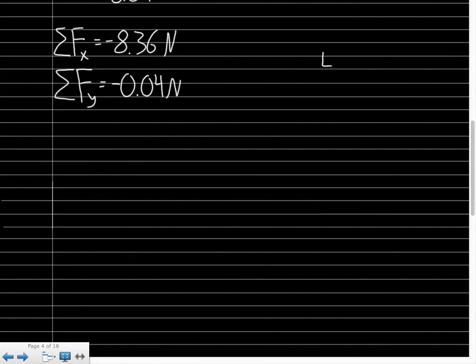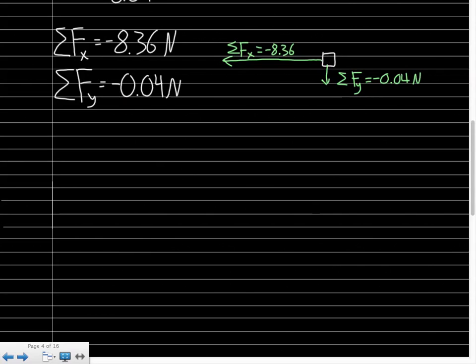So we got our object, and we have a sum of the forces in the x direction to be negative 8.36. And the sum of the forces in the y direction is just this tiny bitty sum, negative 0.04 newton.